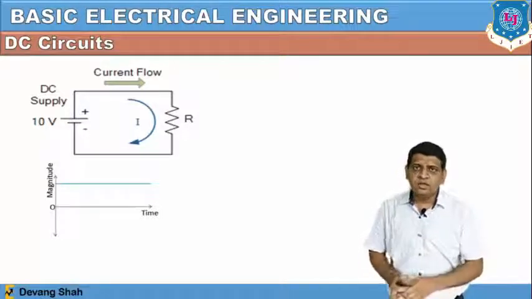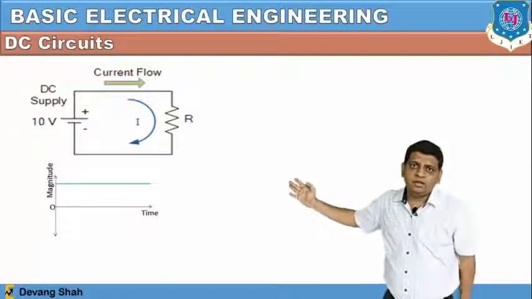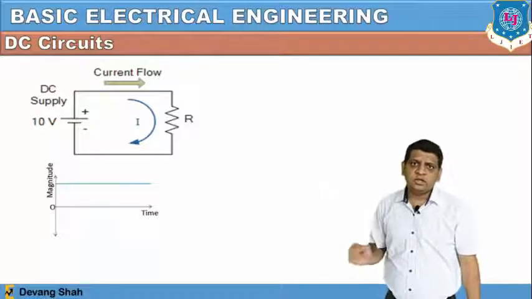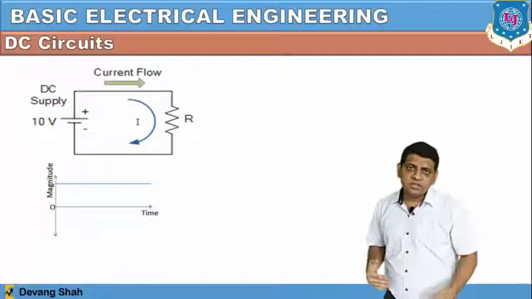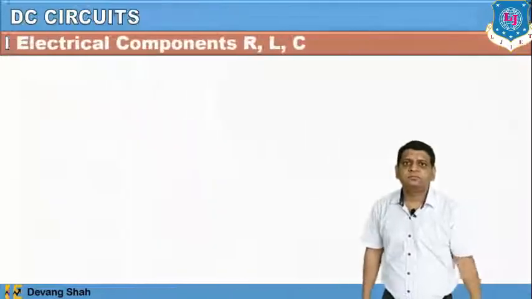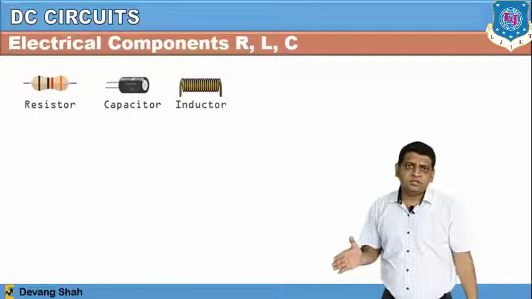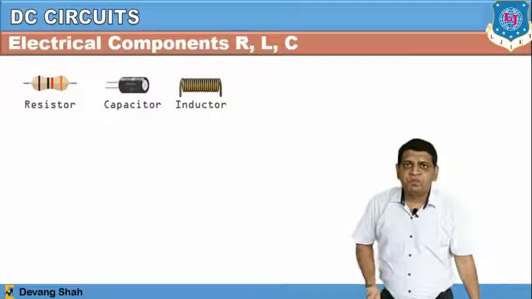You can see here a circuit where resistance is the only element, and you apply a DC battery, a DC voltage. Once the current goes across this resistance, how does it behave? These are the basic components, how they look in a market.